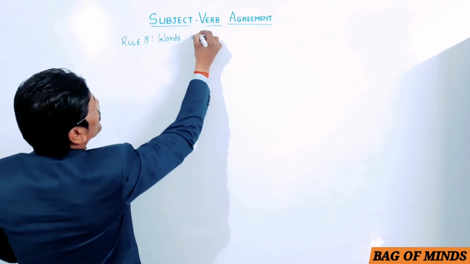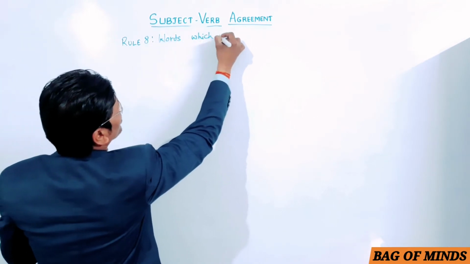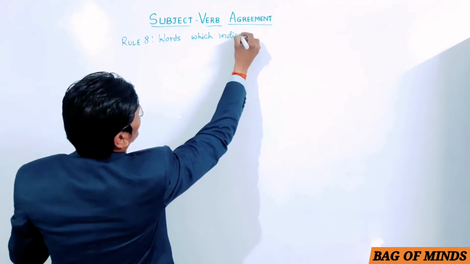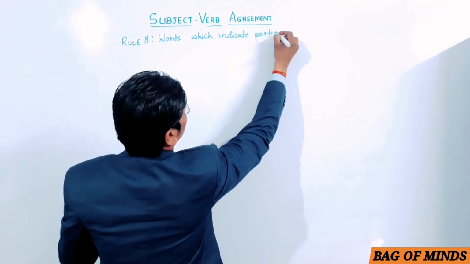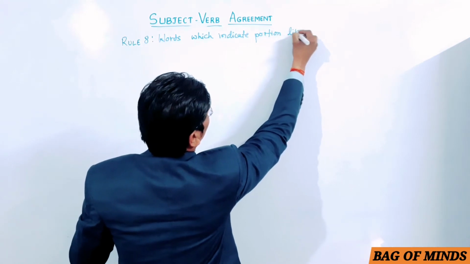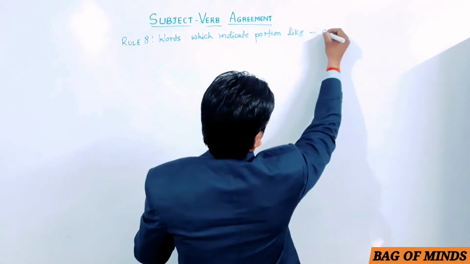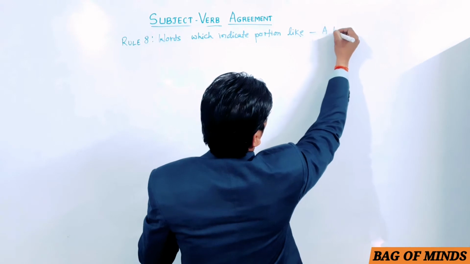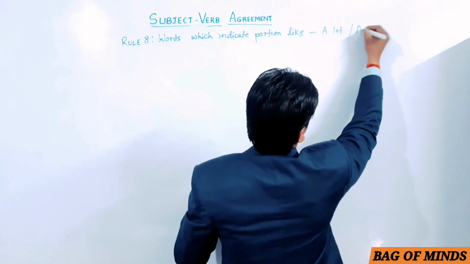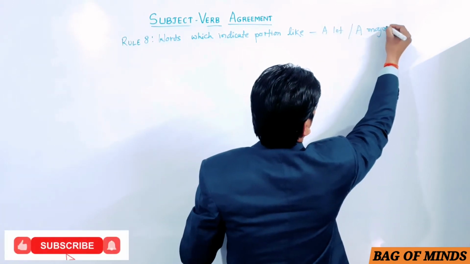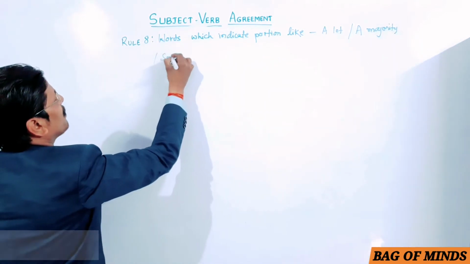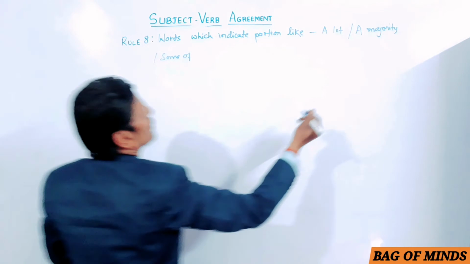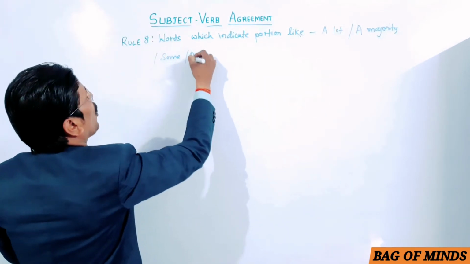Words which indicate portions, fractions, like a lot, a majority, or maybe some of, some or all.